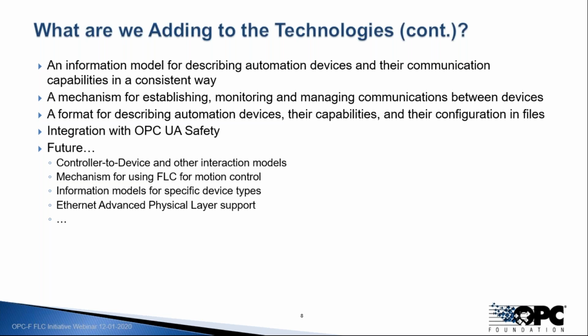This offline descriptor will be the key deliverable in those scenarios for enabling one engineer to know what the capabilities are of a device that exists in some other place. And Emanuel Kolb will be talking about that. And we will also be integrating in the capabilities that we've talked about with OPC safety.